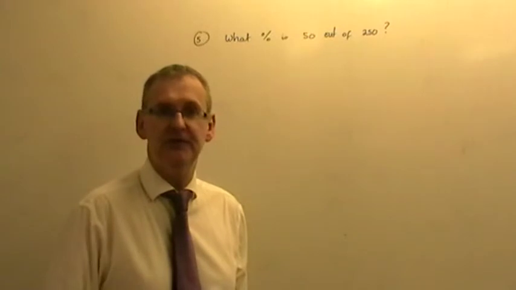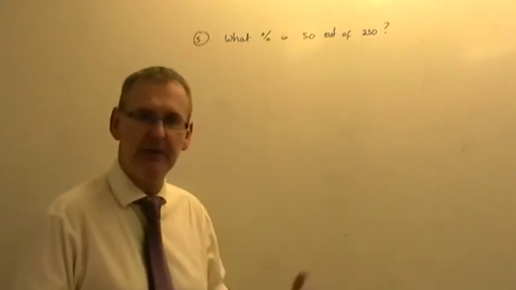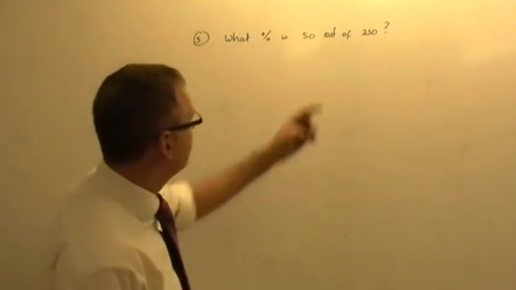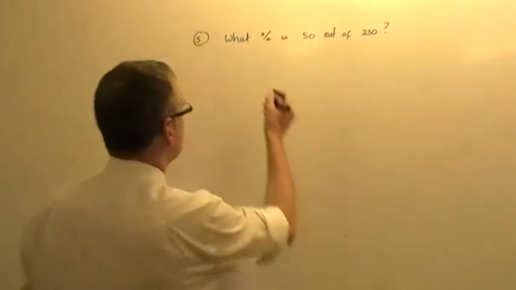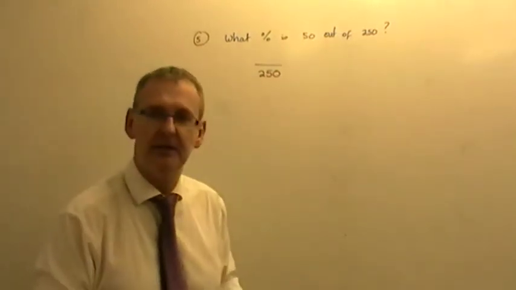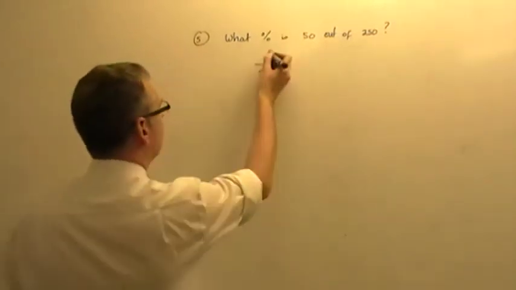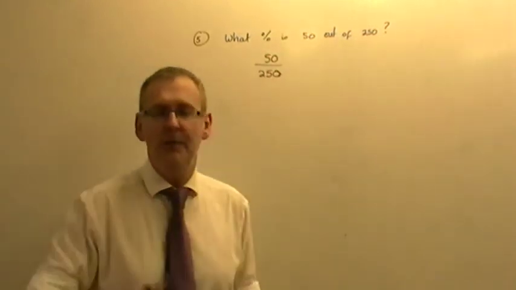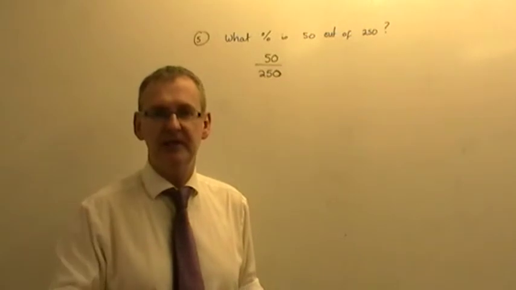50 out of 250. Now, the way this is set up is a bit easier than the first question we did on percentages. It's out of 250, so most people would automatically set up out of 250 like that. So 50 out of 250, the 50 is on top, out of the 250 on the bottom. What we need to do then is change that to a percentage.